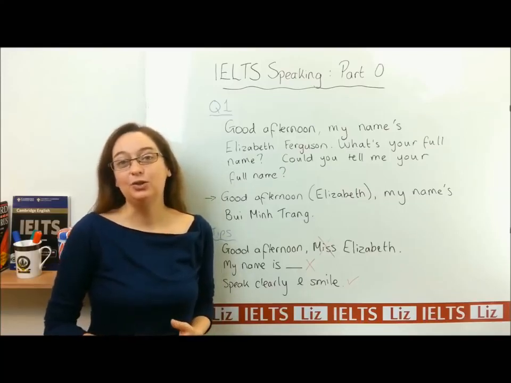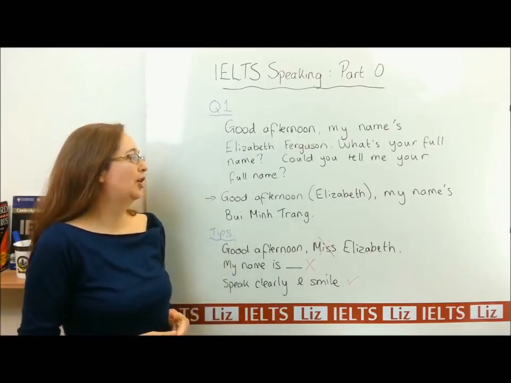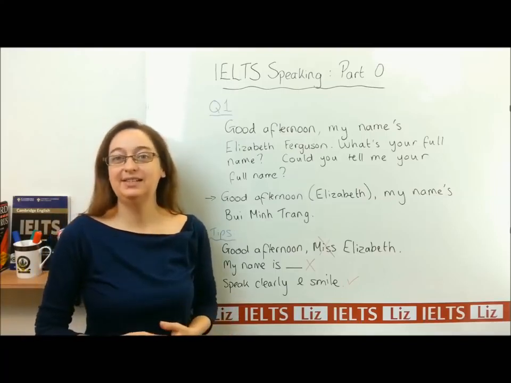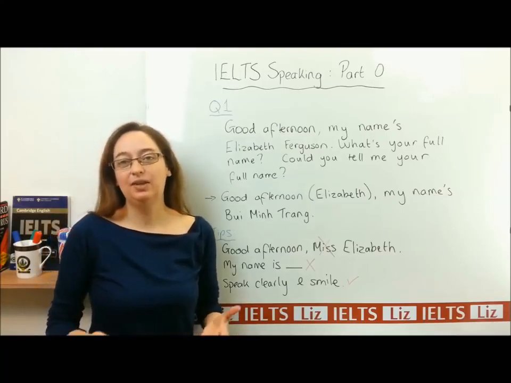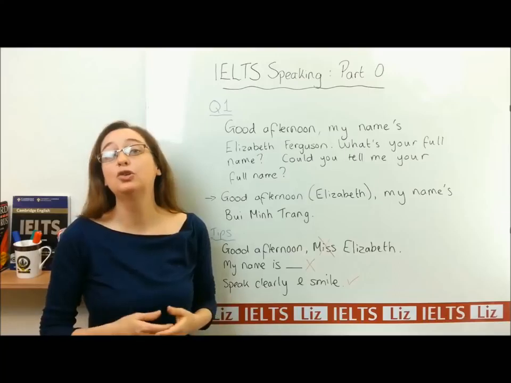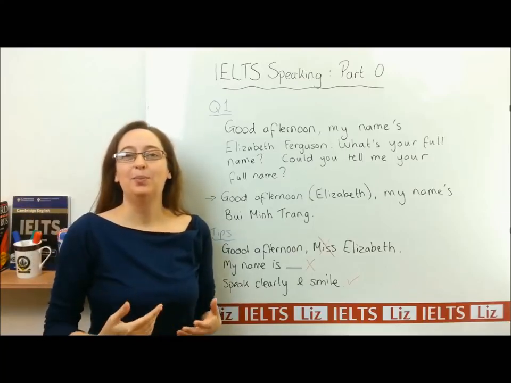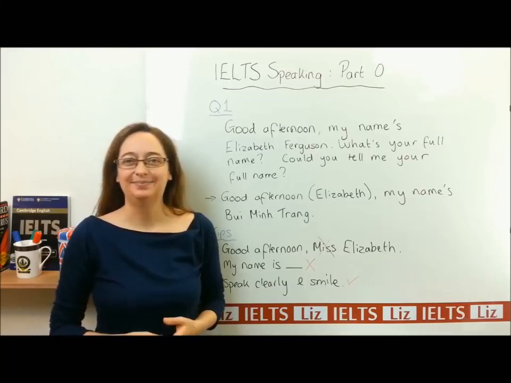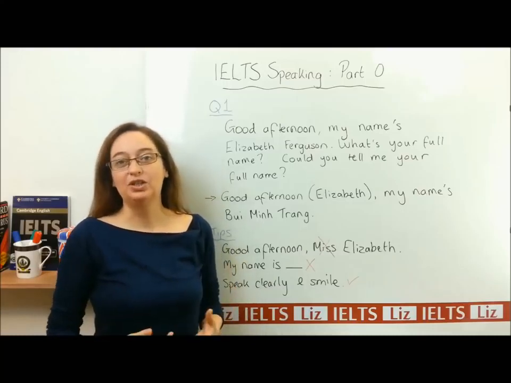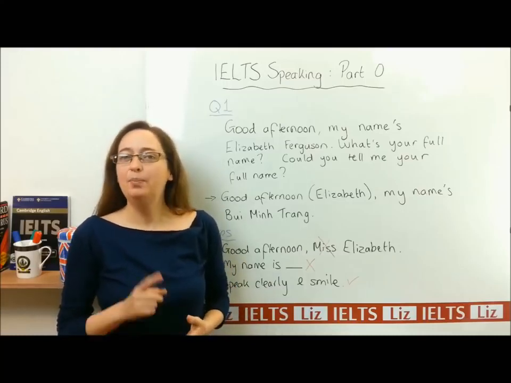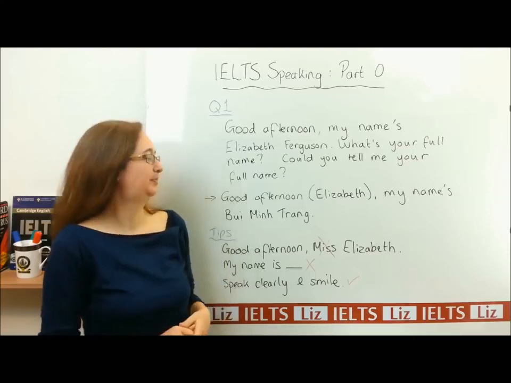And you need to answer, "Good afternoon, Elizabeth." You can give the examiner's name or not, it's your choice. And then you can say, "My name's Bui Ming Chang." Now, it's a simple question and a simple answer, but I still have some tips.